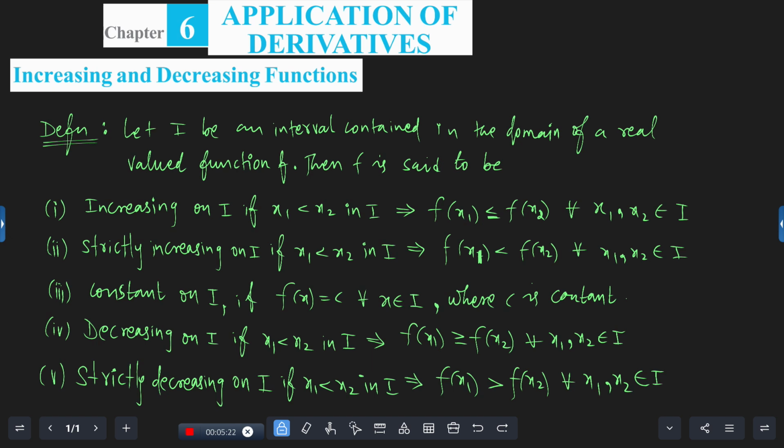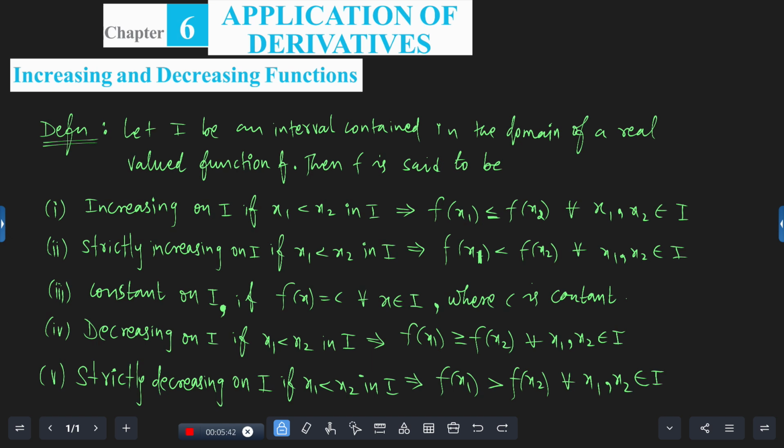Whenever we cannot differentiate the function, this definition will be very useful to find increasing and decreasing. Understand?